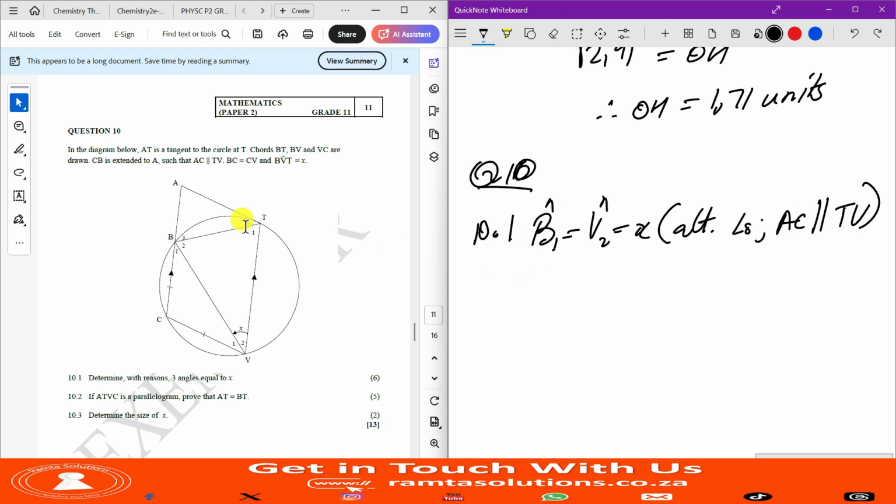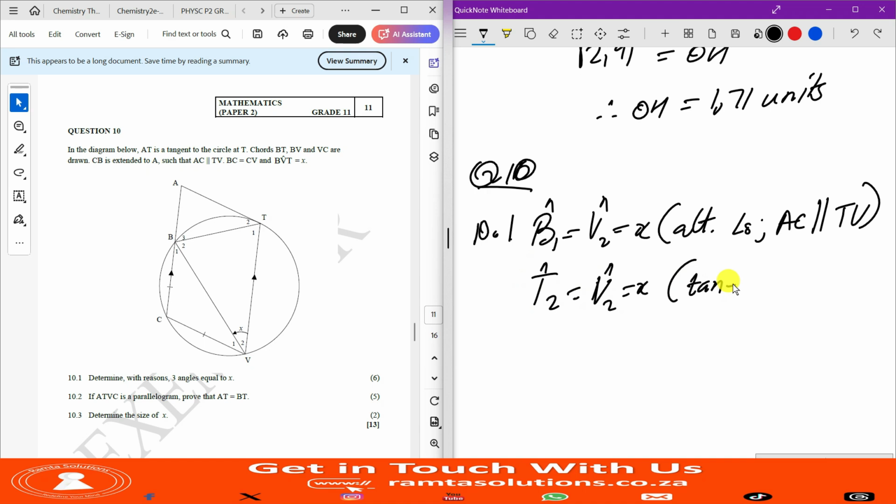Again, I can see here tan chord. So I will therefore say angle T2 is equal to angle V2, which is equal to X. Tan chord theorem. Then I can also see that BC is equal to CV.